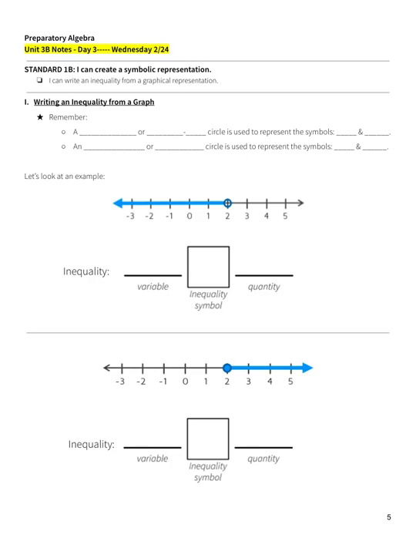So let's look at these first two things. Little refresher. A closed circle, or you might even call it filled in, like shaded in, is used to represent the symbols greater than or equal to and less than or equal to.